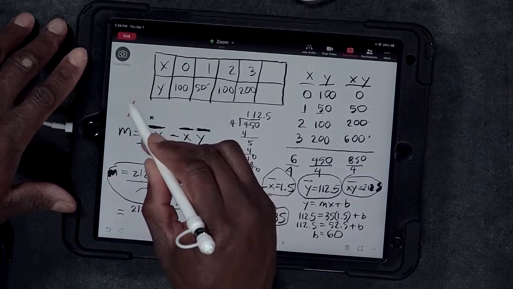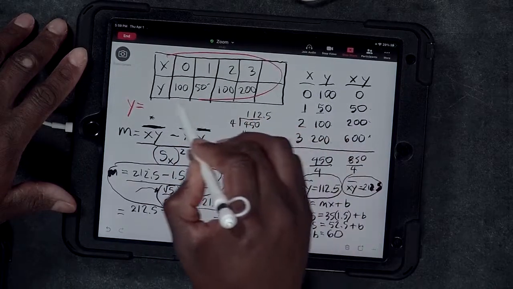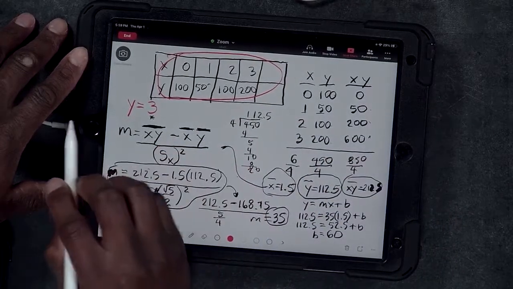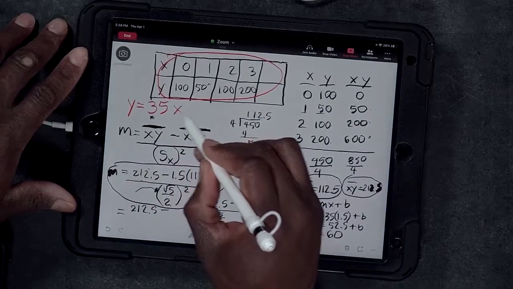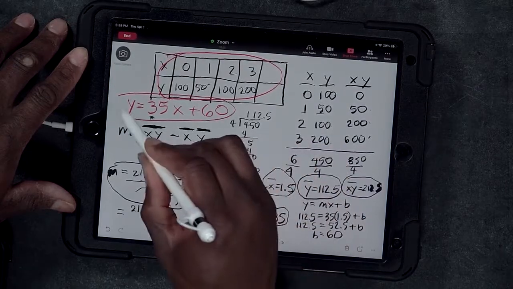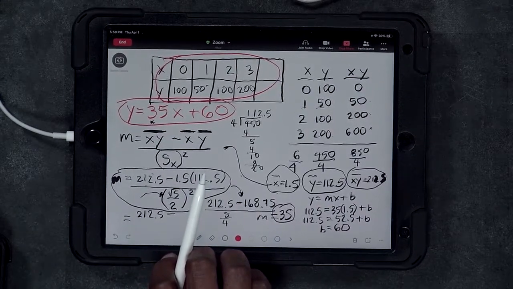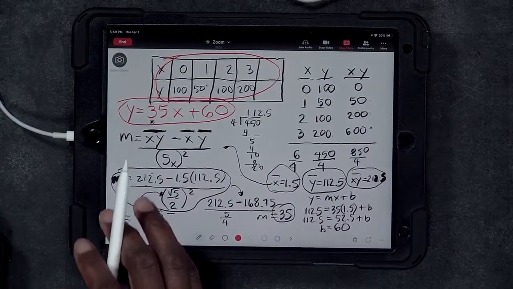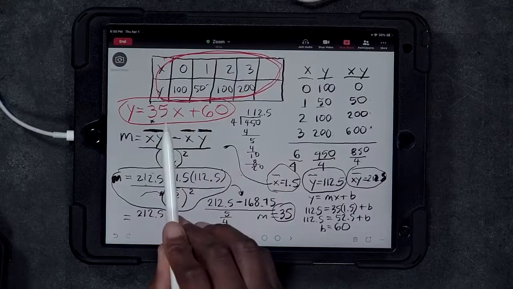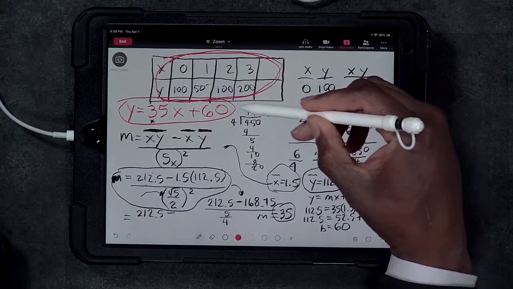You have y is equal to, this is the best fit equation for the data that didn't have that constant rate of change. So we have y is equal to 35x plus 60. So you could answer the question, if this data were to continue to progress the way it is now, you could use this equation to approximate what's going to happen at time 4.